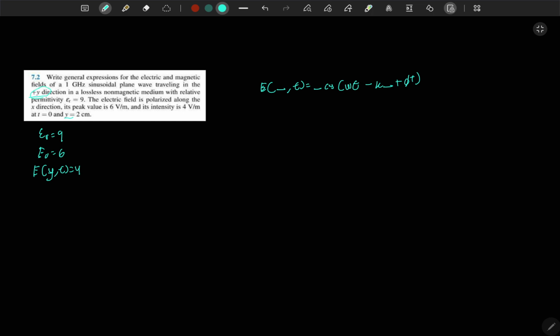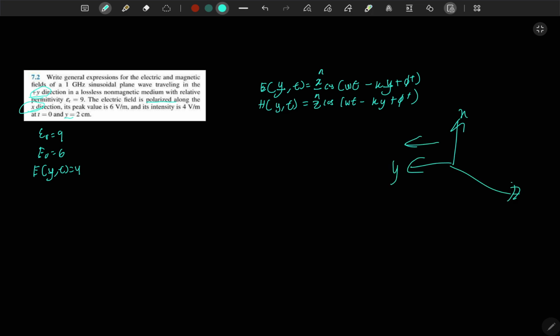Because it's traveling in the y direction, the electric field is in the x direction, and you complete the equation. So automatically you know the magnetic field is in the z vector. How? Imagine x, y, z. You're traveling along y. If x is the electric, then z would be the magnetic, right?